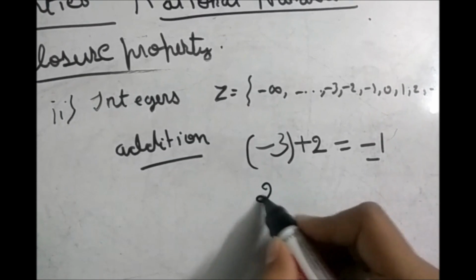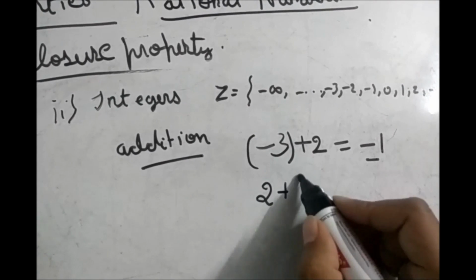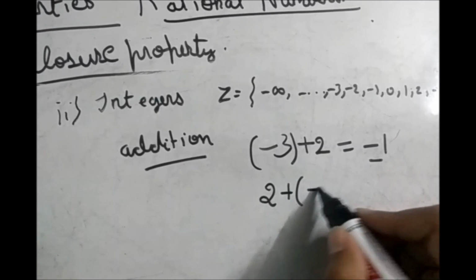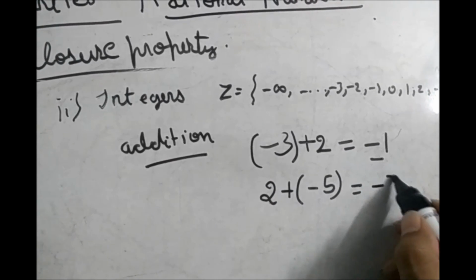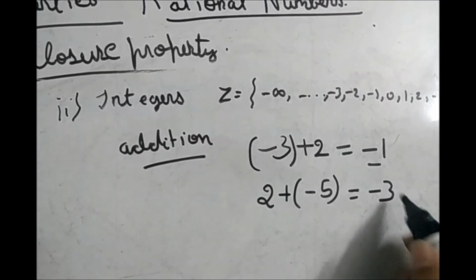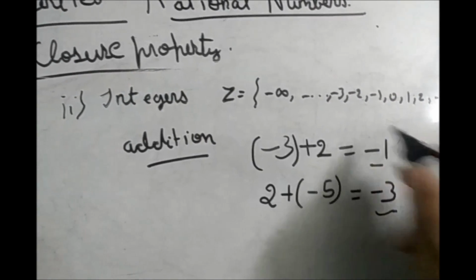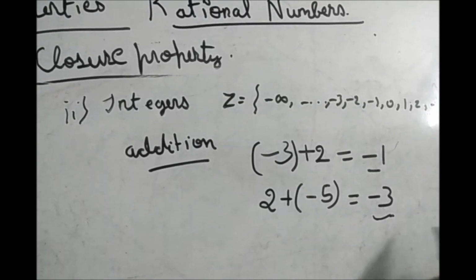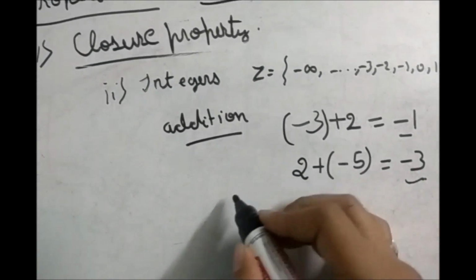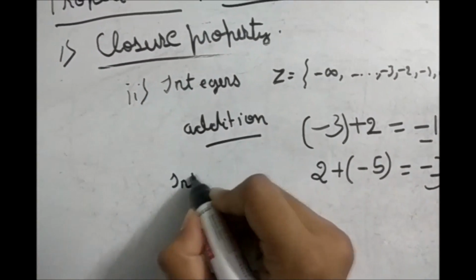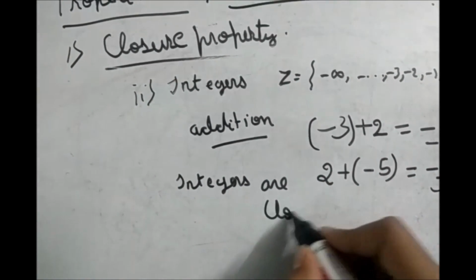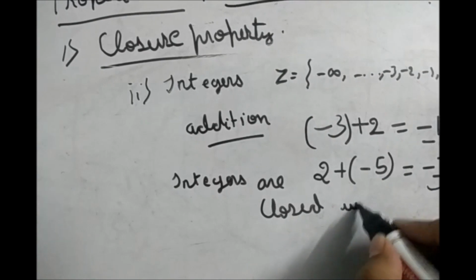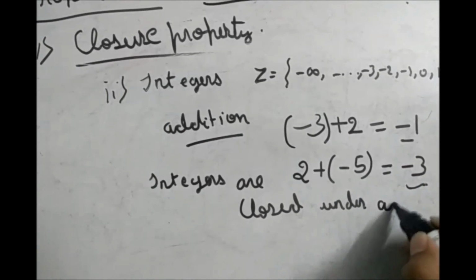If we take 2 plus minus 5, which will be equal to minus 3, which is present in the set of integers. So we can conclude that integers are closed under addition.